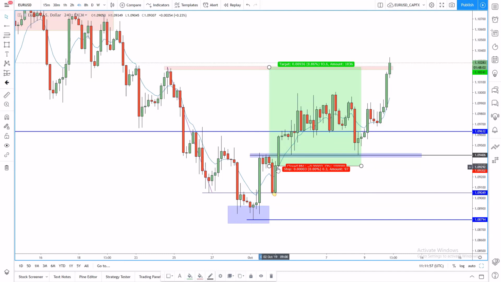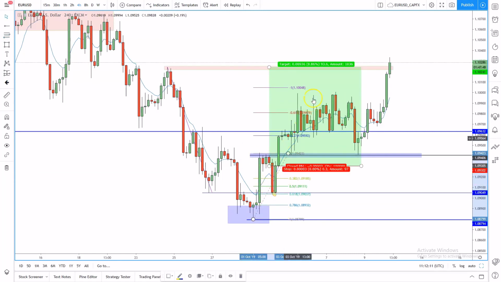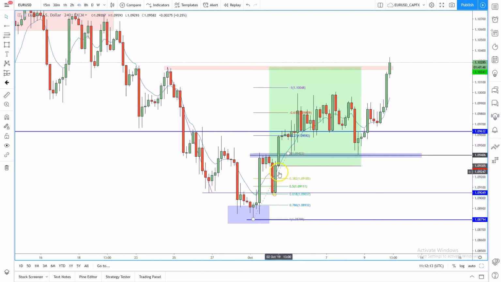Secondly, we had a fib from point A to point B, also giving us signs that we are bullish. And in terms of targets, we used the beginning of the left shoulder for the target.